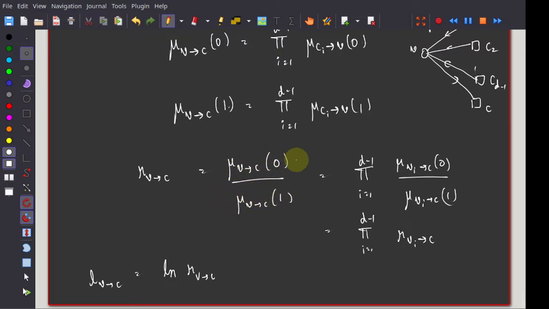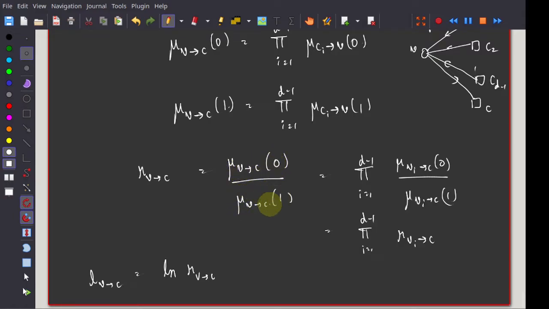Now this is very similar to the log likelihood ratio. So one way of interpreting these messages is that these are beliefs that the variable node v is actually equal to 0. So the x corresponding to the variable node v is actually equal to 0.